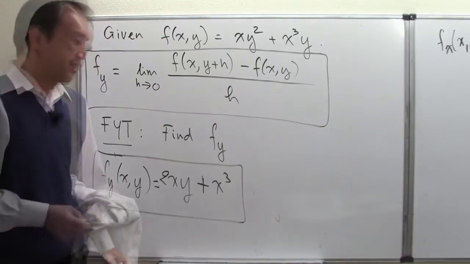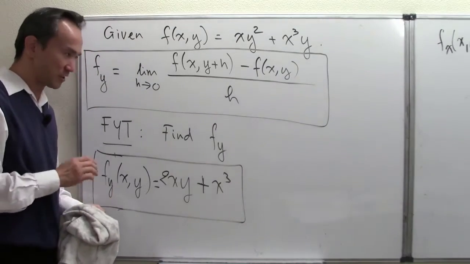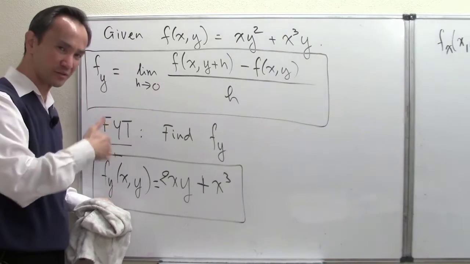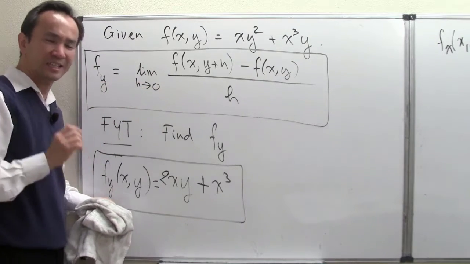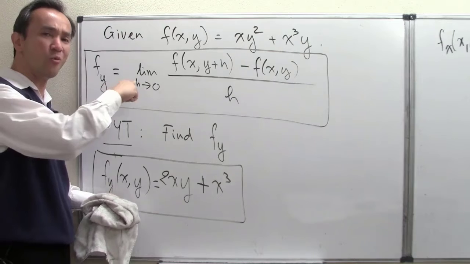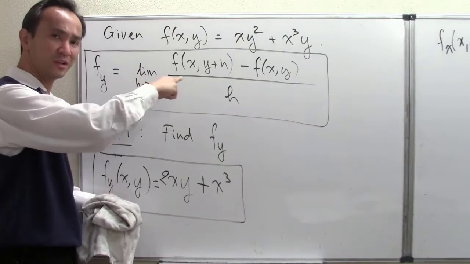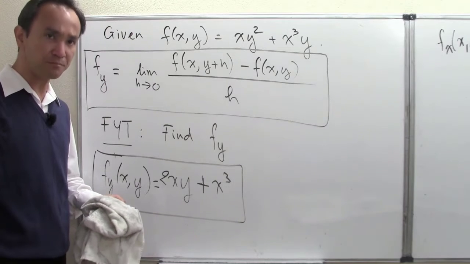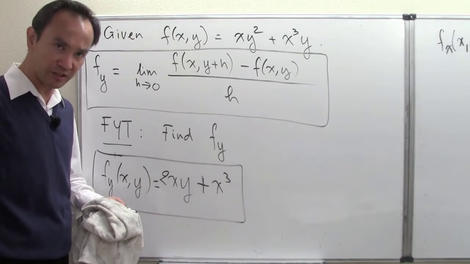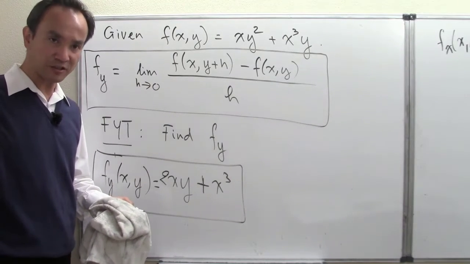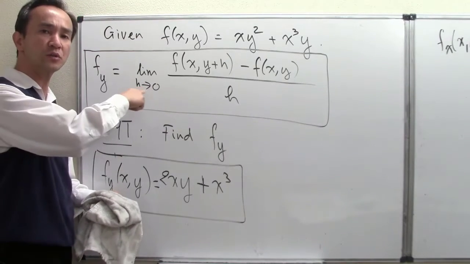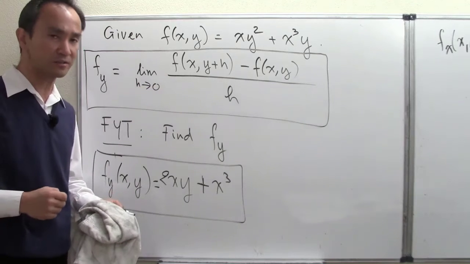All right, and so now I'm going to get on my other board and put the two partial derivatives a little further so that we can recognize the point now: we don't want to always go through the limit process for every single partial derivative problem. It's a big topic and a big skill that you have learned, but expectedly you are going to be doing a lot of partial derivatives, so we don't want to go through this process every single time.